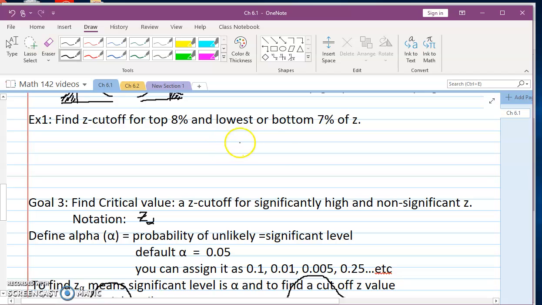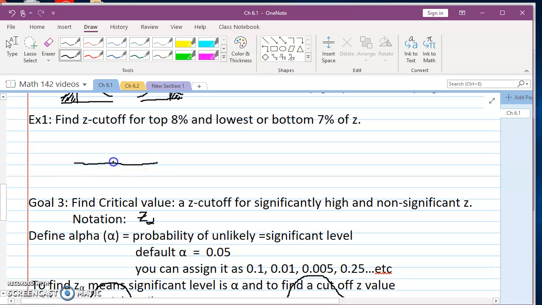So let's do an example. The typical example would be: what is the z-score that is the cutoff for the top 8%? And what is the cutoff for the bottom 7% of z? So you're actually asking for two things. The top 8% are the z that are really high, right?